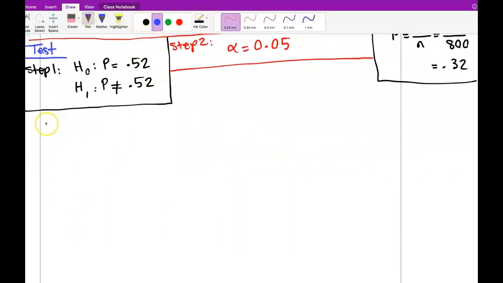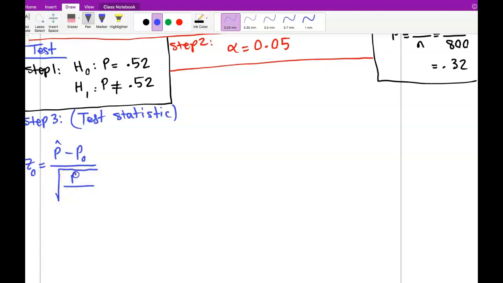Okay, step 3. Finding z. On top we had the difference between this point estimate and p0, denominator square root of p times q divided by n. Okay, p hat was 32%.